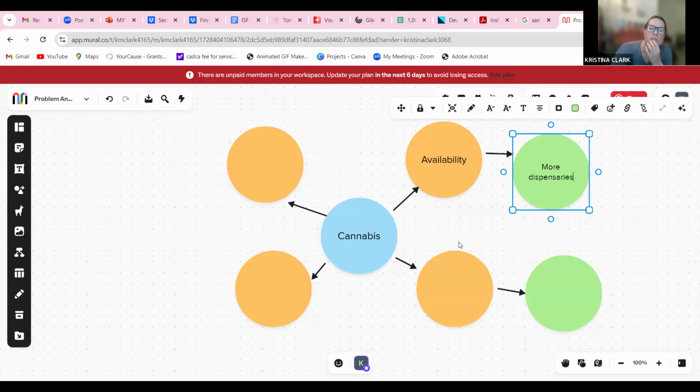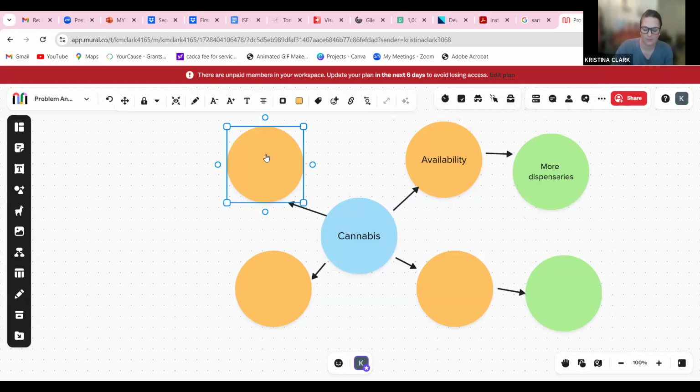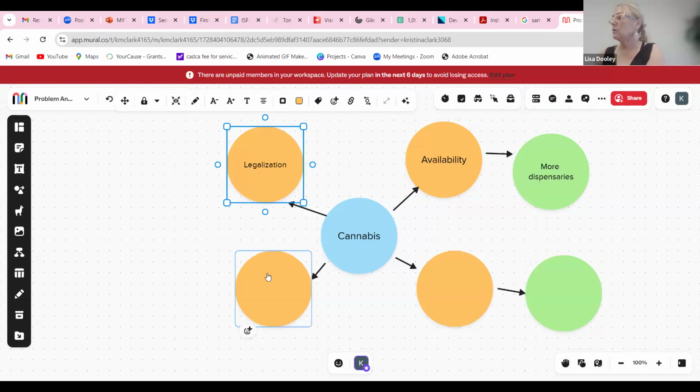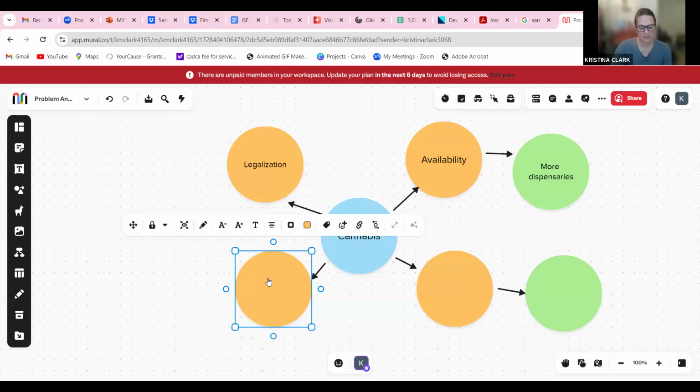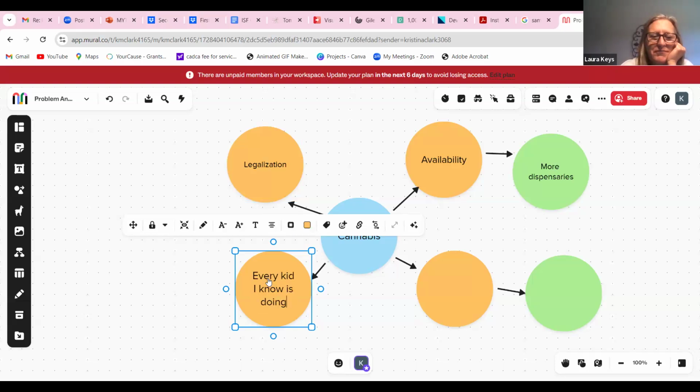What are some other reasons? Oh, I see in there legalization. What else? Tell me a story. All the kids I know are doing it. Everyone is doing it. Well, we hear a lot that, you know, it's natural, so it can't be harmful for you.